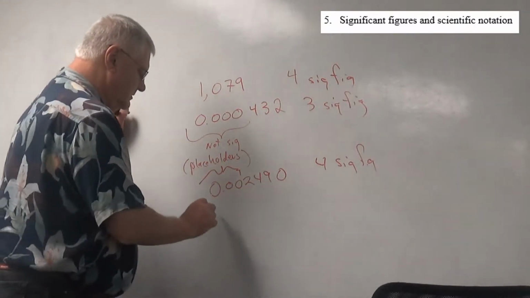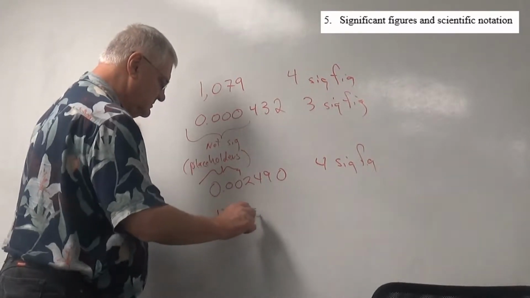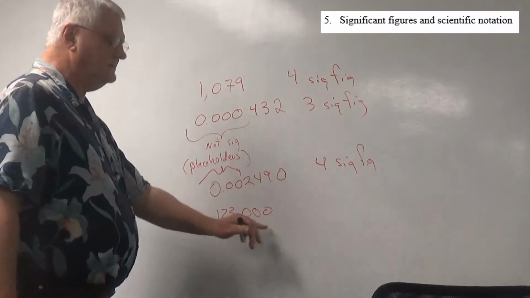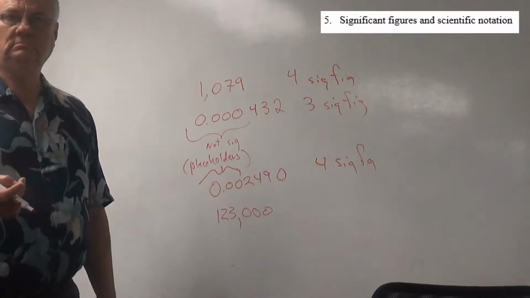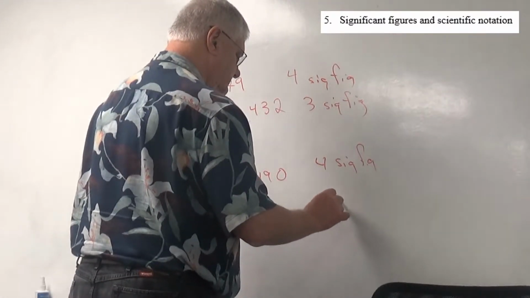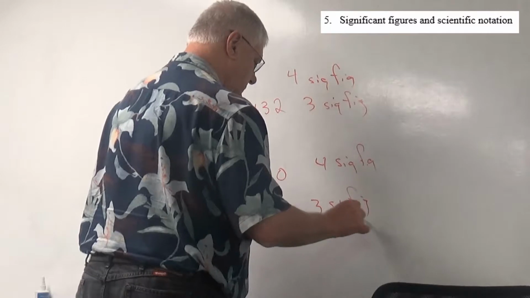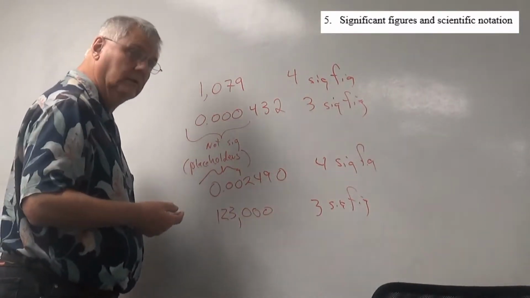If you have a number like 123000, and there's no decimal point, the zeros are placeholders. Okay? So this has 3 significant figures. And the zeros, you still have to write them.